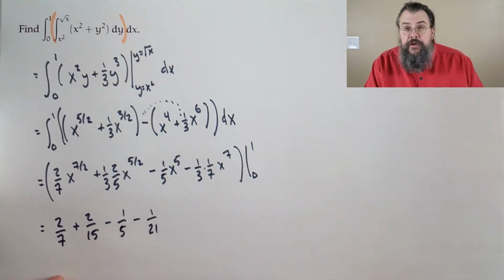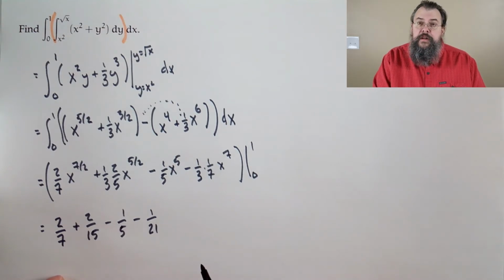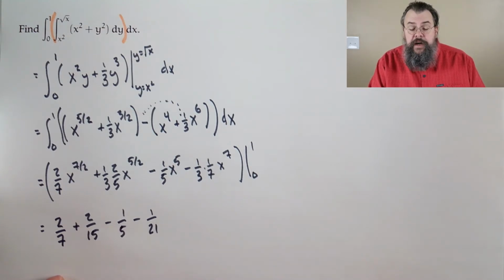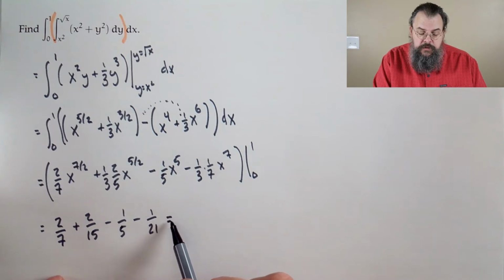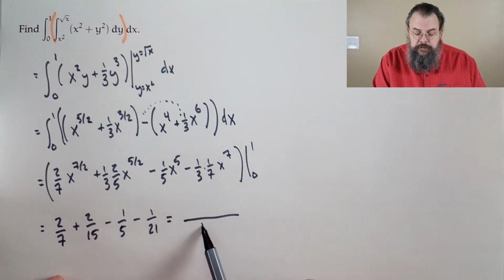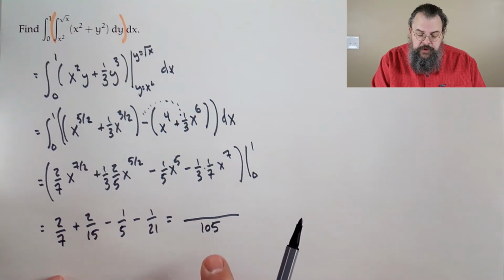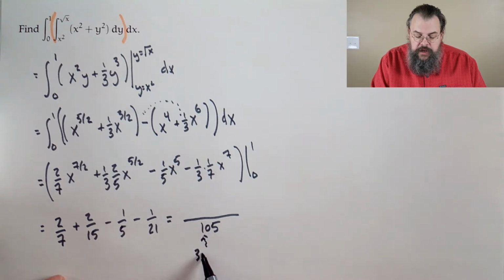Now, if you really wanted to, you could say, well, common denominator would be 105. So what would you end up with? Well, by the way, why do we say 105? 105 is really 3 times 5 times 7.